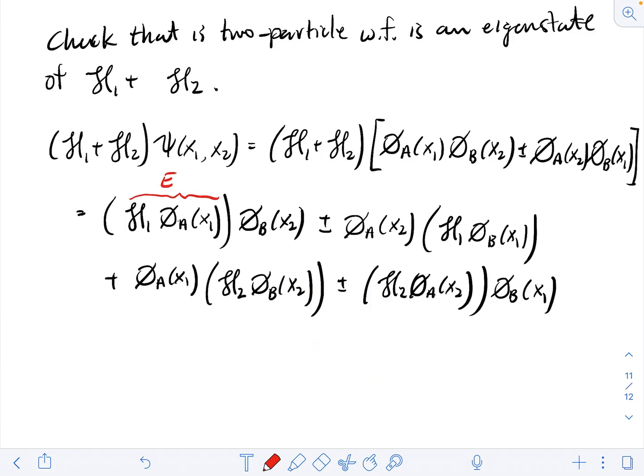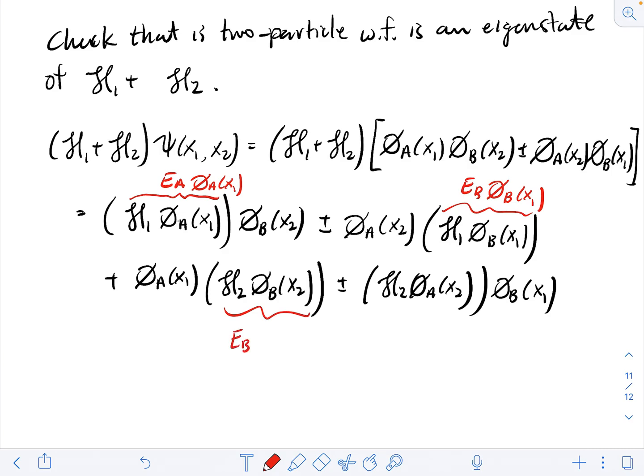And so here we're going to get EA phi a x1. And here we're going to get EB phi b x1. Right, these are now, inside the brackets, the single particle Hamiltonians acting on single particle states, and so they are eigenfunctions.